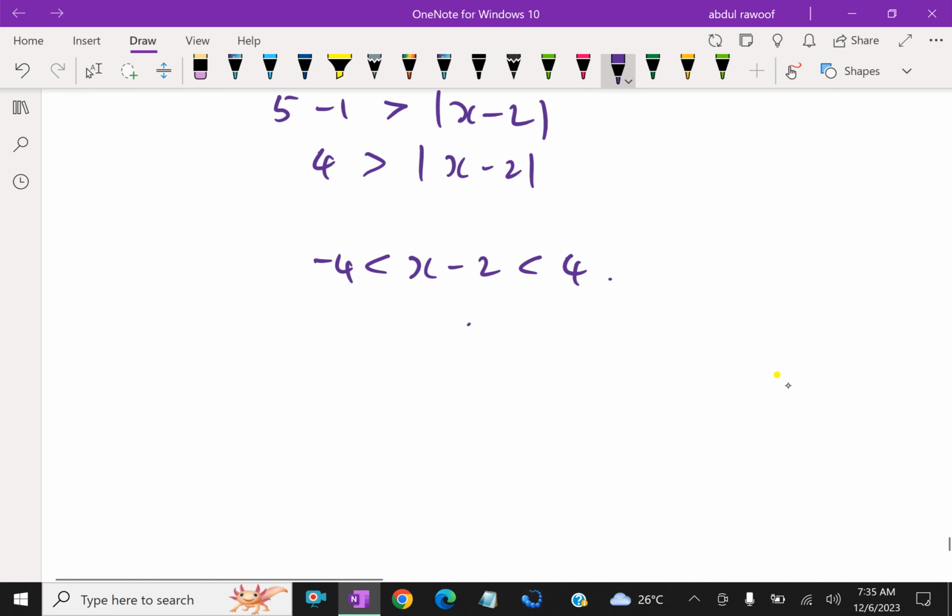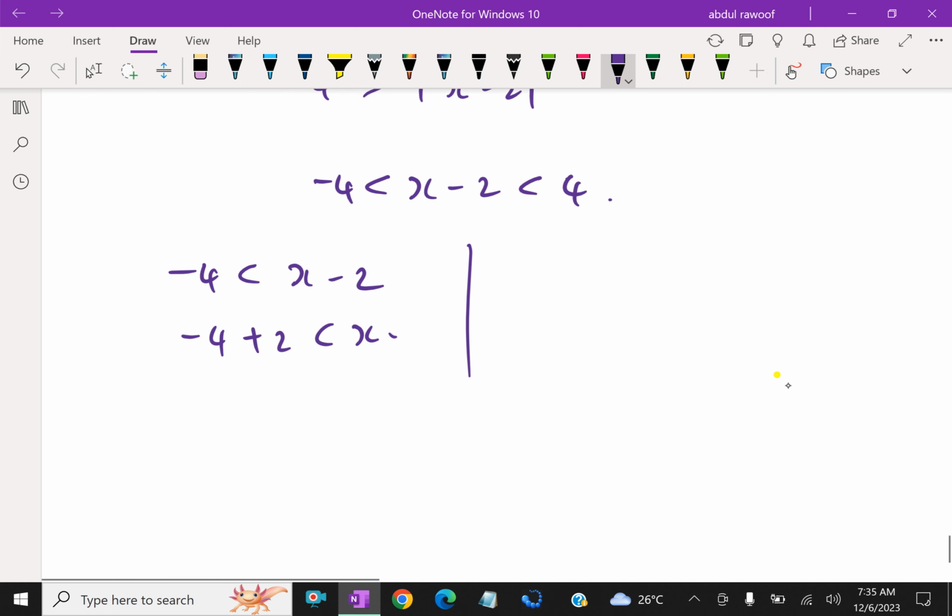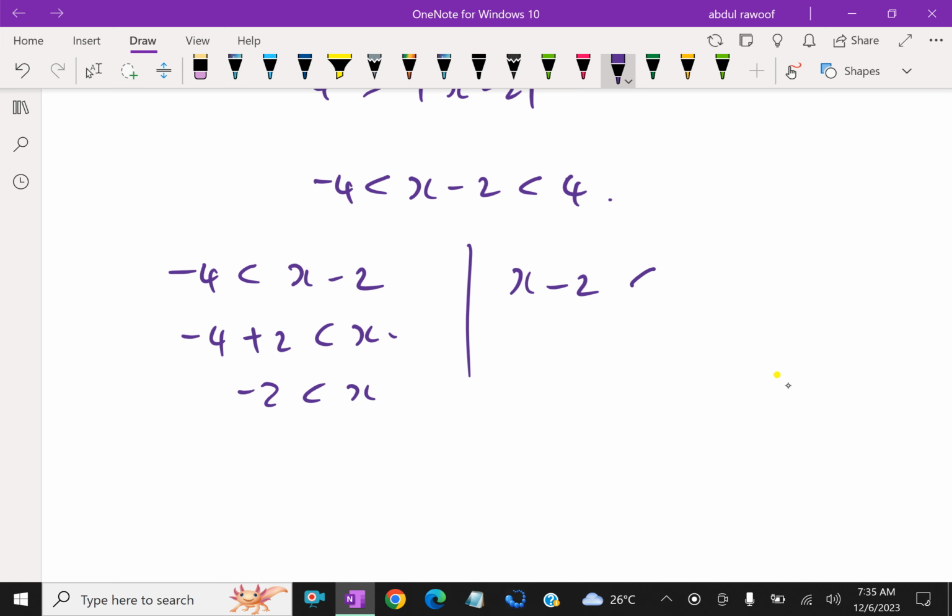Now splitting both ways, that is minus 4 is lesser than x minus 2, then minus 4 plus 2. So minus 4 plus 2 is minus 2, which is lesser than x. On this side, x minus 2 is lesser than 4, x is lesser than 4 plus 2, and this x is lesser than 6.